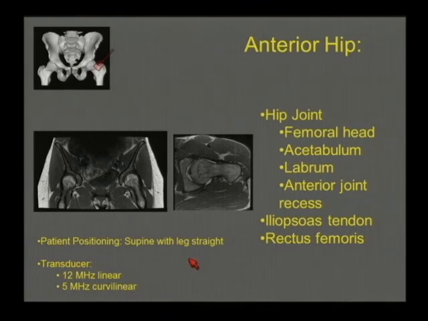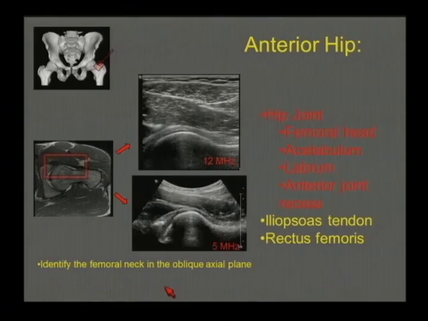So we're going to use, again, a combination of transducers to get a look at all of these structures. For the anterior hip examination, the patient is positioned supine with their leg straight ahead. Transducers, typically I'll start with a low frequency transducer, make sure that everything can be adequately evaluated, and then as appropriate move on to a higher frequency transducer such as the 12 megahertz linear transducer.